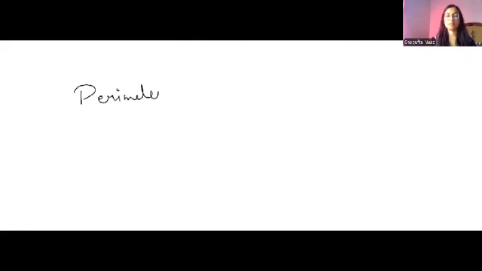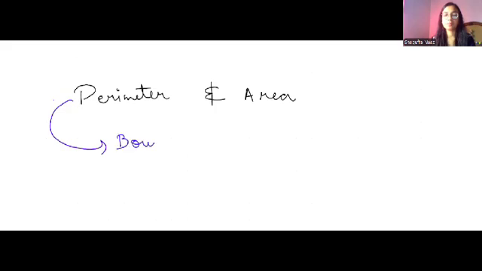perimeter and area topic. So by perimeter, what do we understand? Let's understand that first. Perimeter means boundary line. Boundary line of any particular figure.